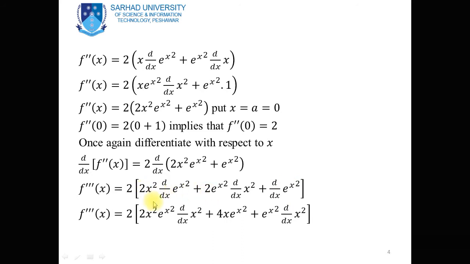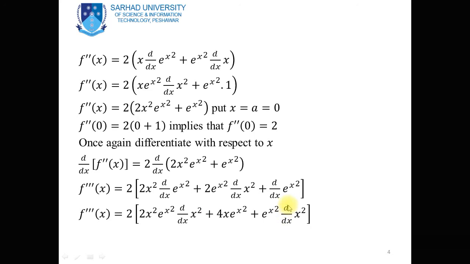Now 2x square and the derivative of e power x square as it is, and further the derivative of the argument, so the derivative of x square with respect to x, which is 2x. Now multiply 2 with 2 to get 4x e power x square, plus the derivative of this term e power x square as it is, and further the derivative of the argument x square with respect to x, which will be 2x.